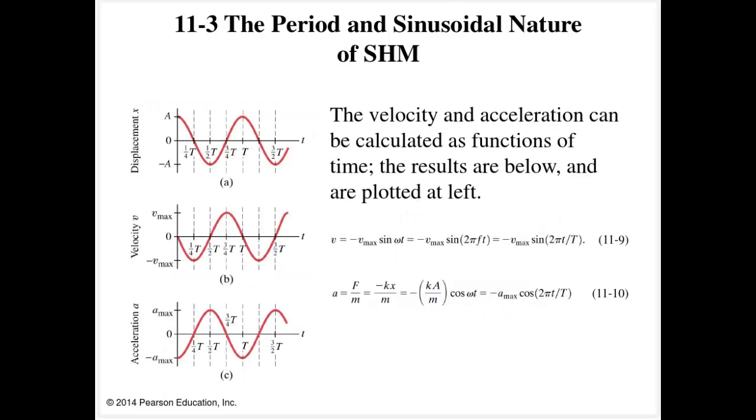The velocity and acceleration are also related to the displacement. There's a little bit of calculus going on behind that, so I'm simply going to throw these equations out there.